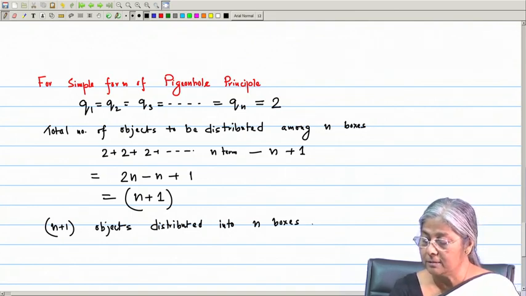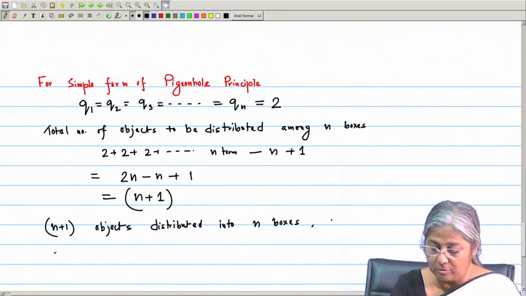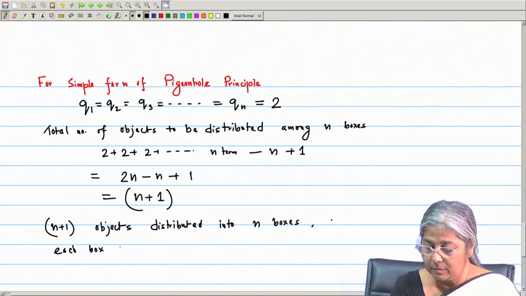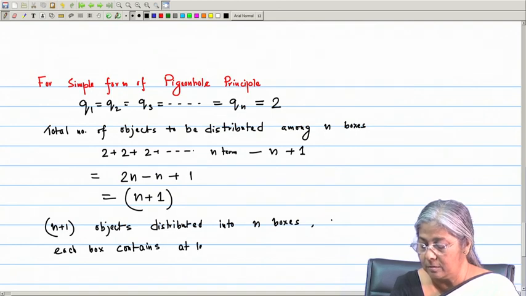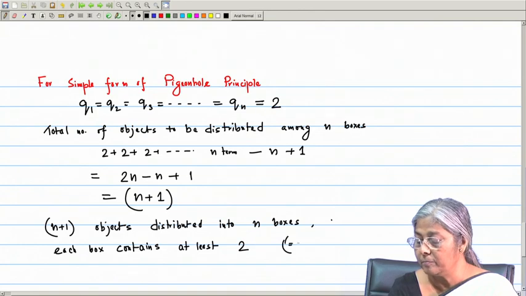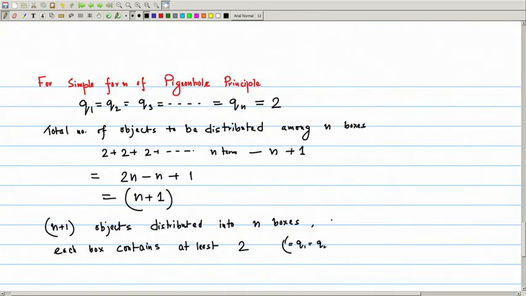So, each box contains at least 2, which is equal to Qi. So, it is the same as our simple form of pigeonhole principle.